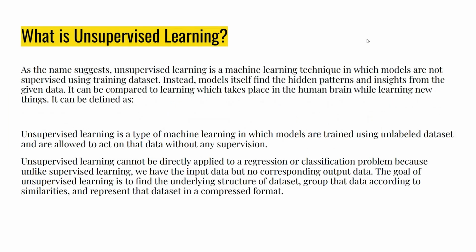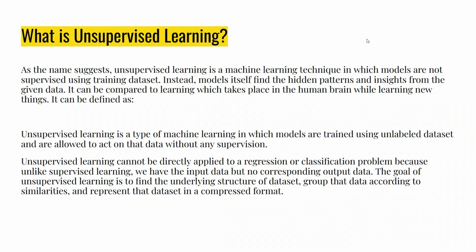What is unsupervised learning? As the name suggests, unsupervised learning is a machine learning technique in which models are not supervised using a training dataset. Instead, models find the hidden patterns and insights from the given data themselves.